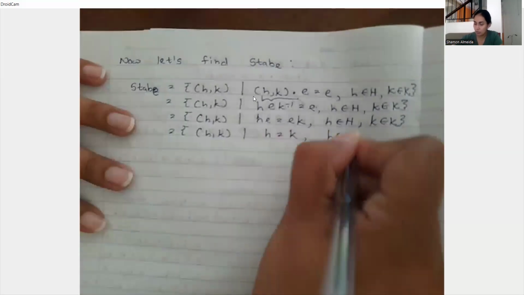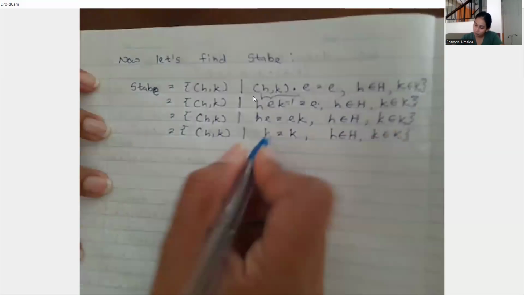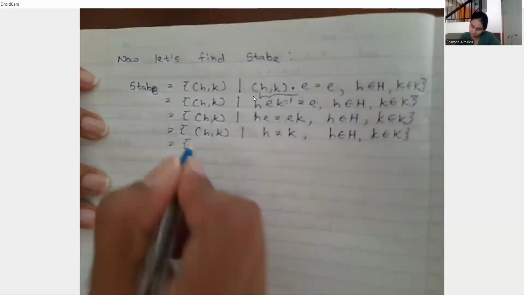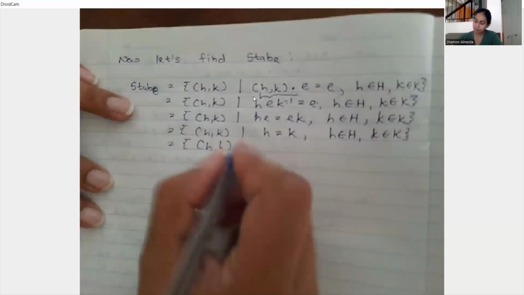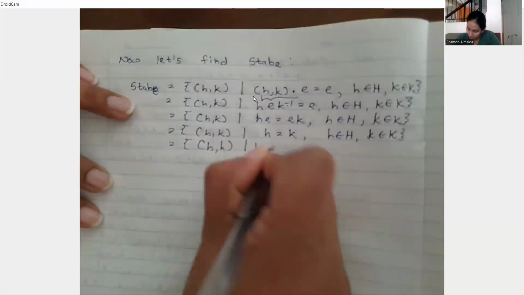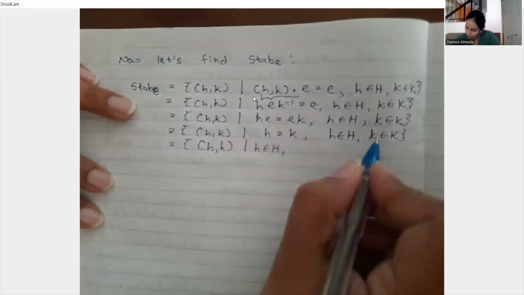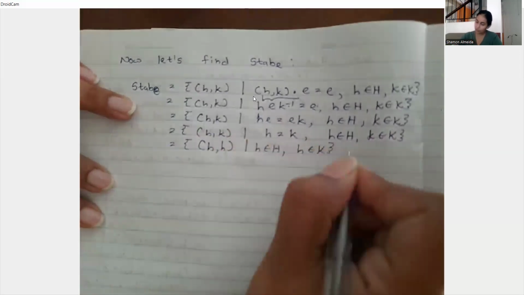H comes from this group, simple K comes from this subgroup. Now H is equal to K, so what we are going to do is replace this K by H because they are the same, right? Now observe H is in H, and this K over here, once again, I will replace by this. What sort of elements do we have?